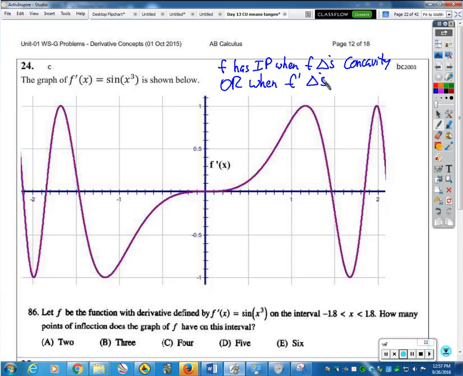Now you can introduce Danica's chart and say you got f prime, so somebody finish this statement using Danica's chart. Increasing or decreasing.